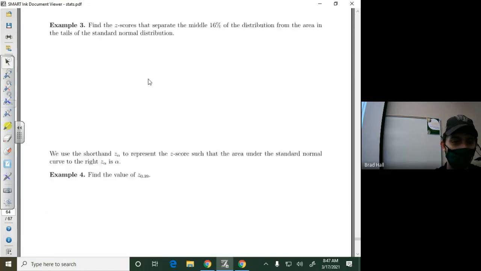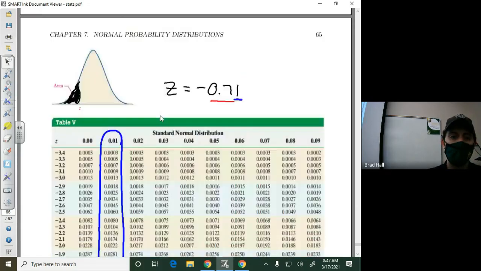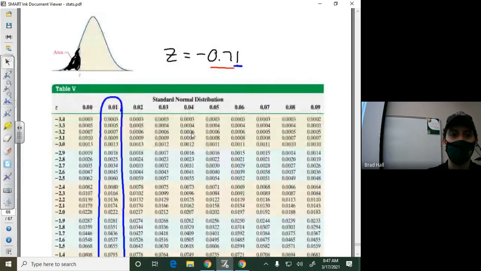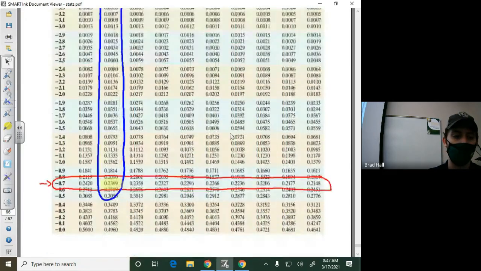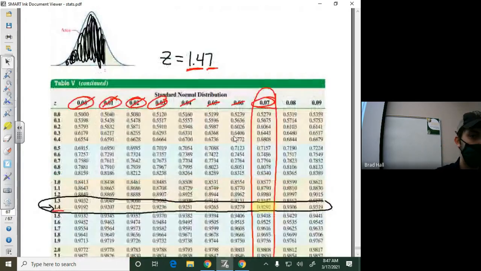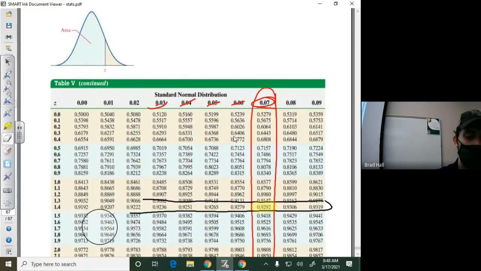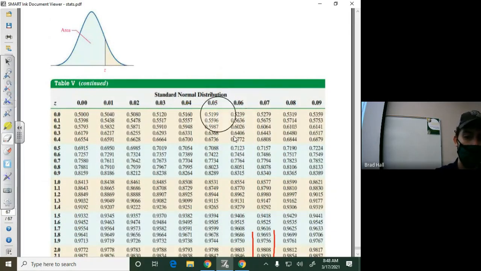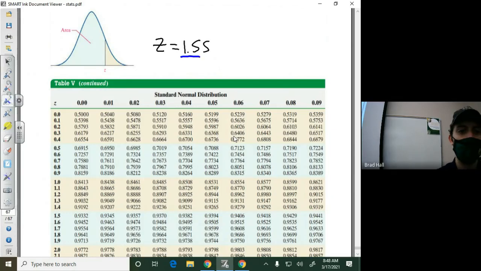So 1.55, this is a positive z value, so I'm going to skip all the negative z values, and I'm going to go to the next table. What was it, 1.55? Z is equal to 1.55. So the first thing we have to do, find 1.5. Okay, well, 1.5 is right here.